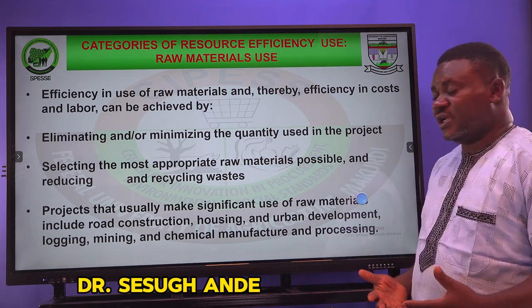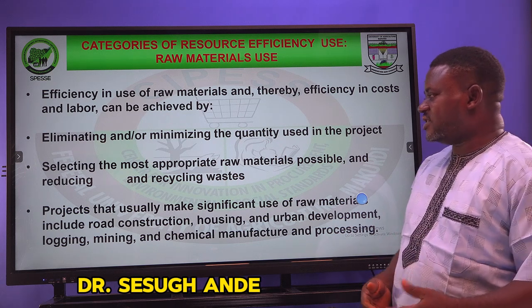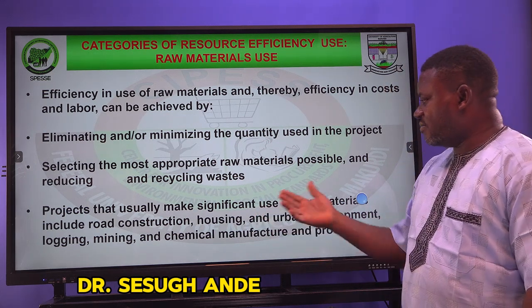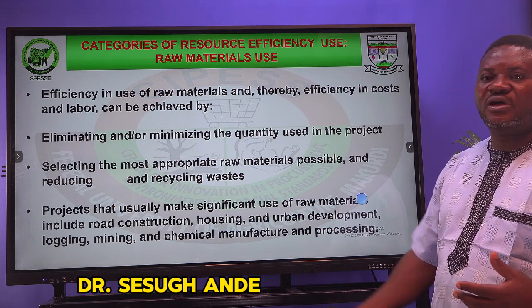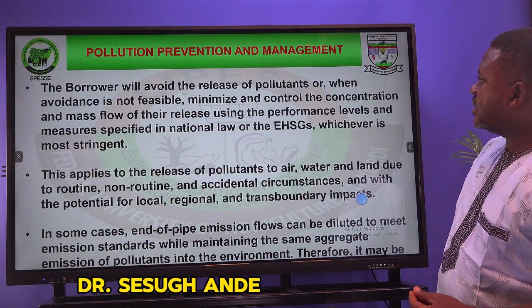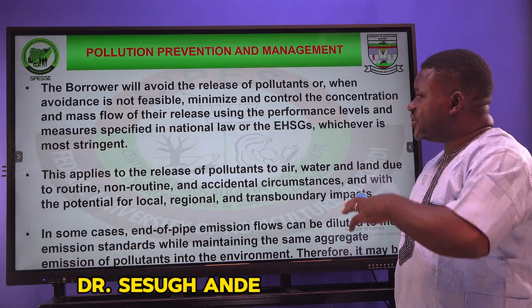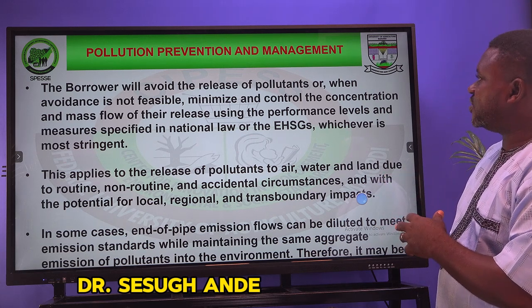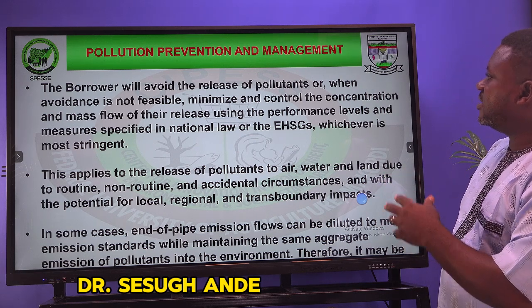The projects that usually make significant use of raw materials include road construction, housing, urban development, logging, mining, and chemical manufacture and processing. Now, this is also an aspect under this section, pollution prevention and management.